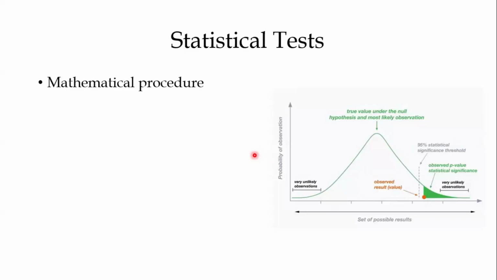Statistical tests are described as mathematical procedures of obtaining data or statistics from the sample. Most of us would calculate these statistics using software. Software would be automated, but what goes on behind those software are a lot of complex mathematical computations.